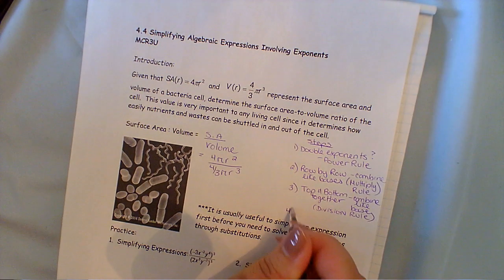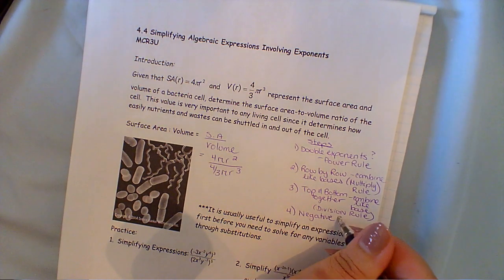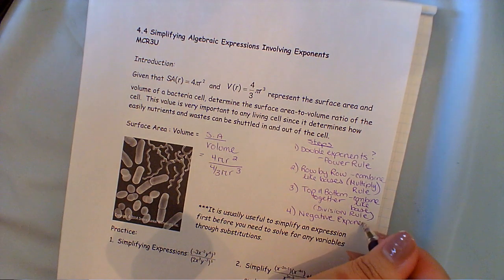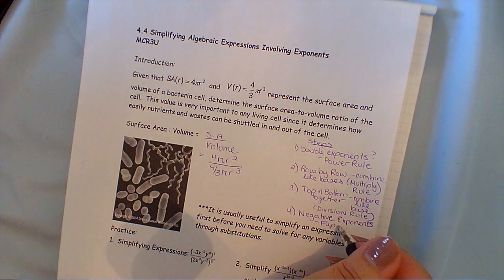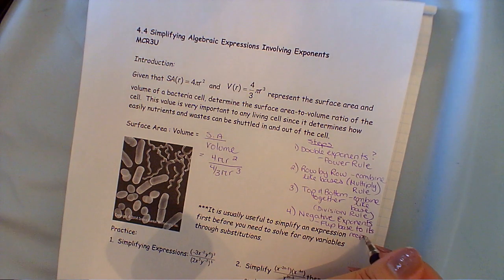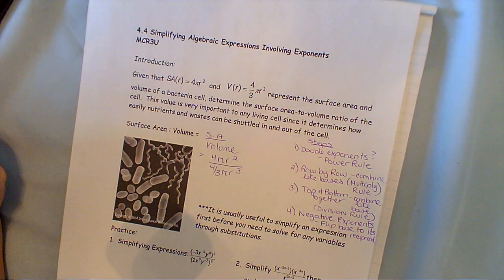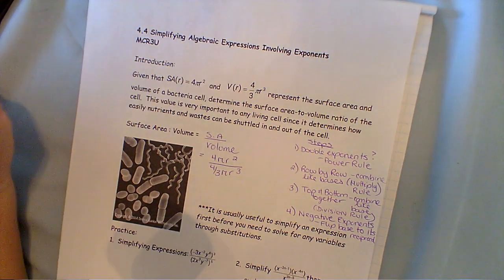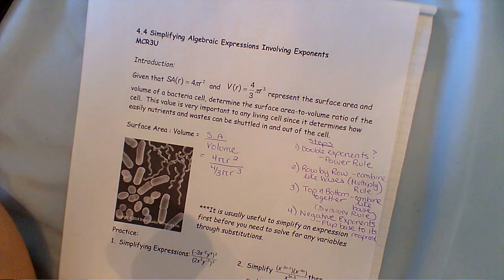And then last, you deal with negative exponents, and you learn that you flip the base to its reciprocal. Ran out of room there. There you go, to its reciprocal. So that would be the order that I would personally do every question in. It's a set order. It always tends to work.